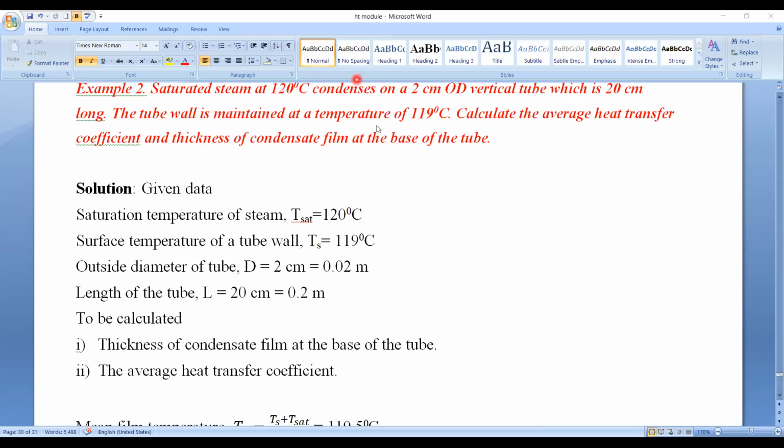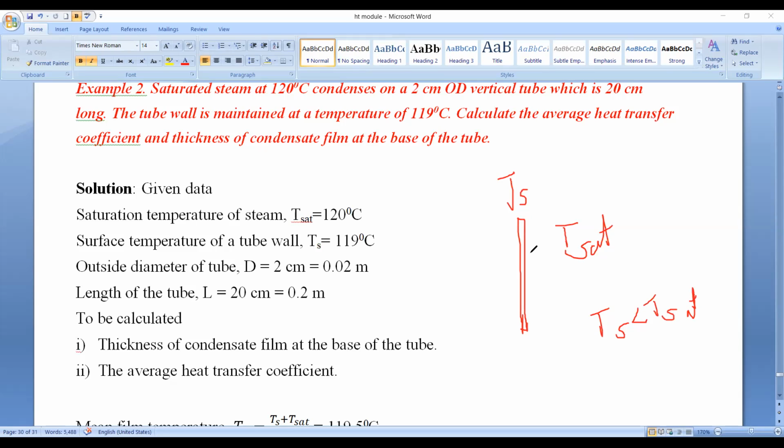Now we have studied that if a surface is at temperature Ts and it is exposed to the steam or the vapor which is at saturation temperature Tsat, and when this steam comes into contact with the surface, and Ts is less than Tsat, then obviously the steam will condense.